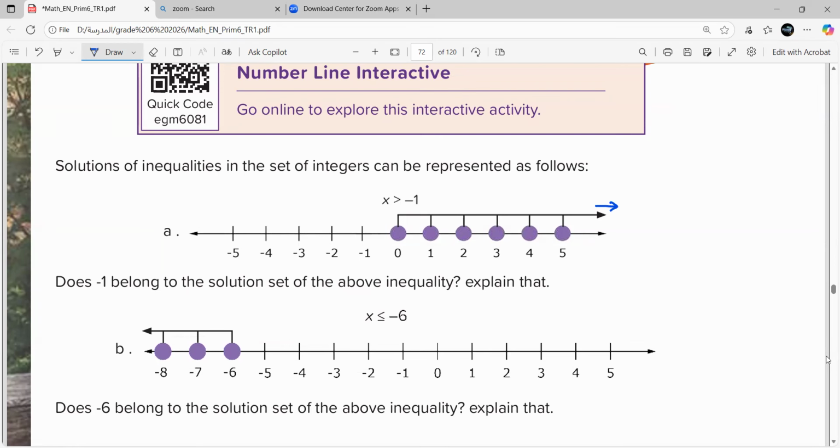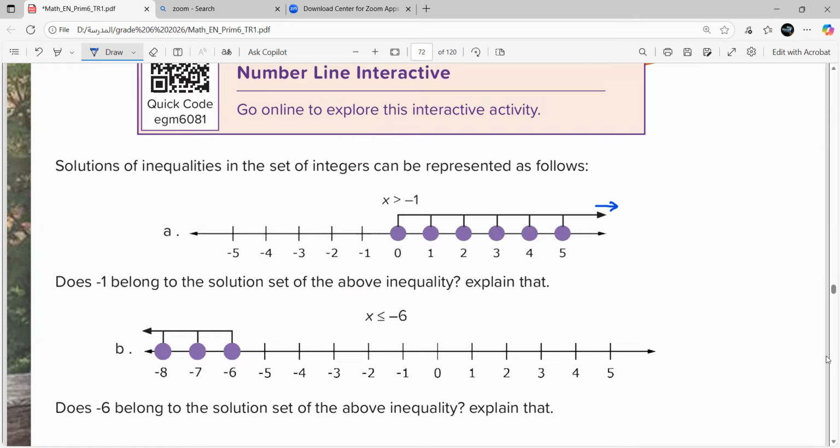So this is a question. Does -1 belong to the solution set of the above inequality? Look at this number line. Does -1 belong to the solution set? What is the solution set here? 0, 1, 2, 3, 4, 5, and so on.